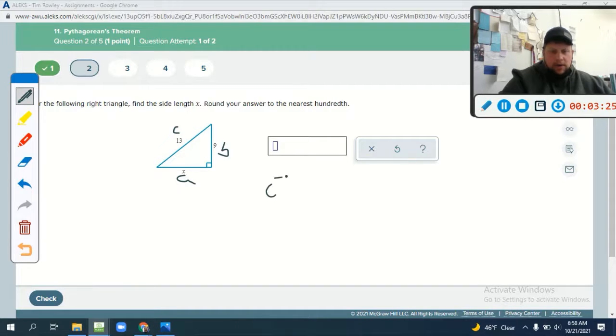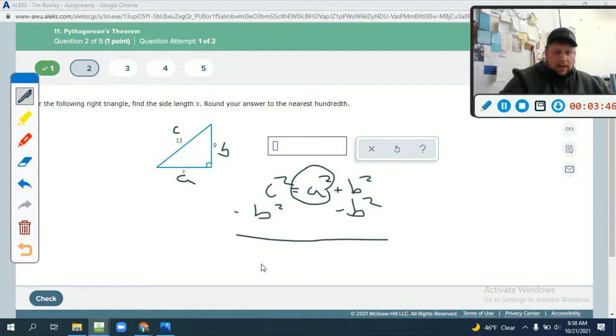So if C squared equals A squared plus B squared, how would I solve for A? Well, I got to get it by itself, which means I'm going to subtract B squared from both sides. And I get that A squared equals C squared minus B squared.